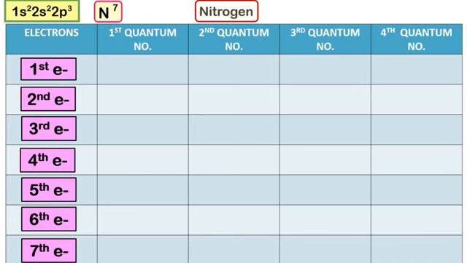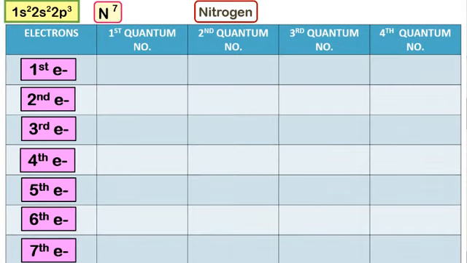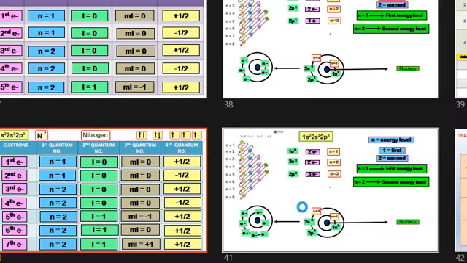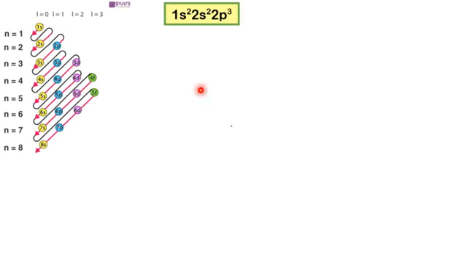So for the first quantum number, we have to look at the atomic distribution of electrons. First, we have to follow this format to attain the configuration of 1s2, 2s2, 2p3 for nitrogen. And then draw the nucleus as the center part of our atom.